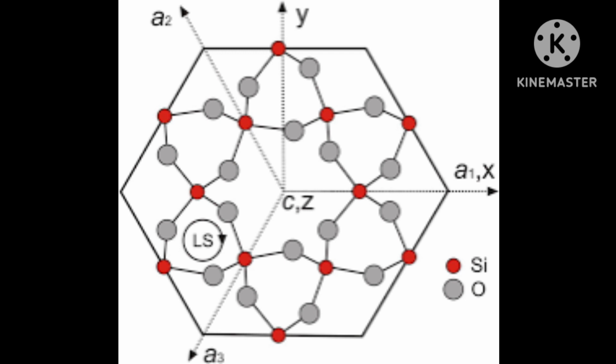And fifth structure is rhombohedral. Rhombo. Next, sixth structure is monoclinic. And seventh structure is triclinic. You should know the names of these different structures. These are the names of the different structures.